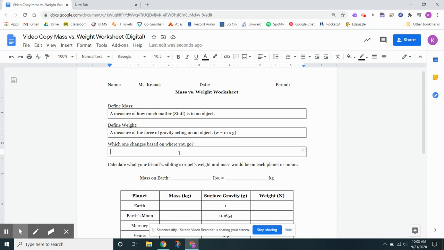Whereas weight actually can change, right? Your weight of your notebook on Earth versus the weight of the notebook on the moon is different, okay? Weight changes based on where you go, since gravity can change based on where you go.